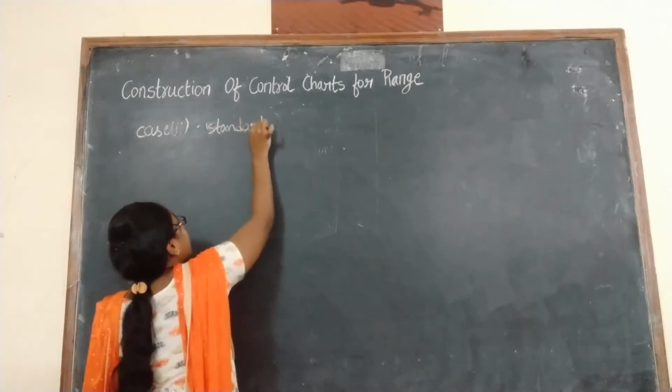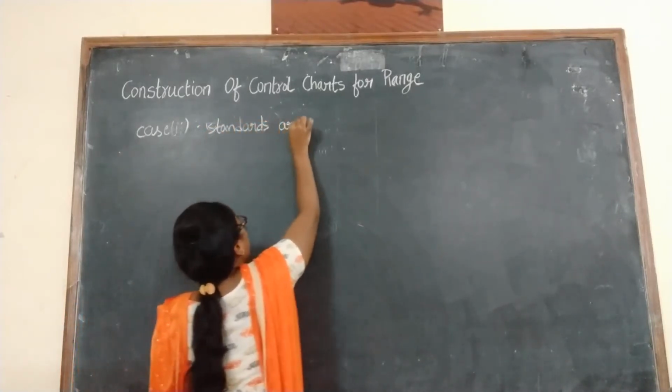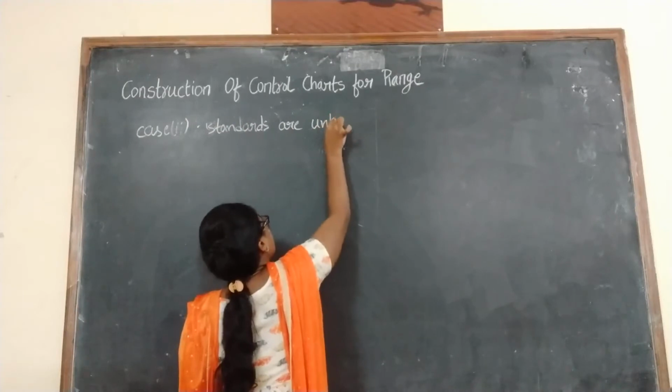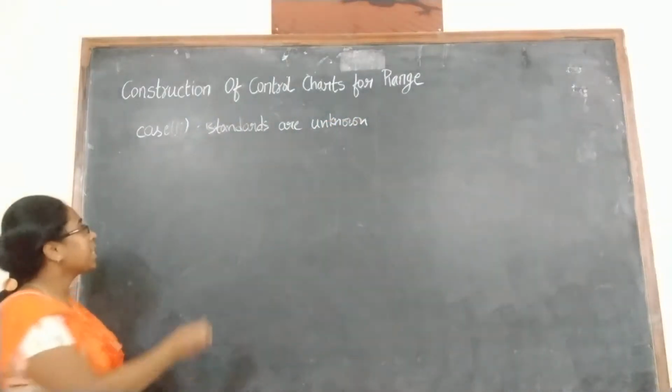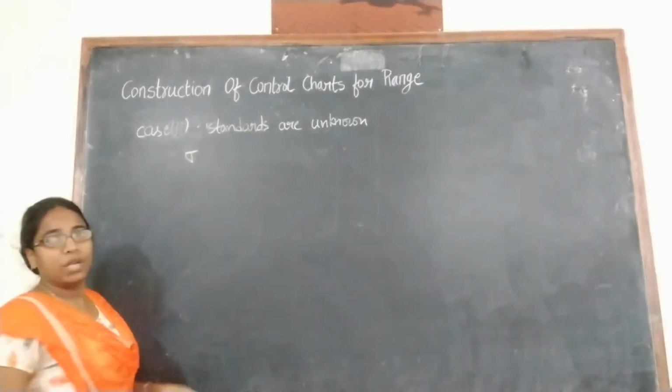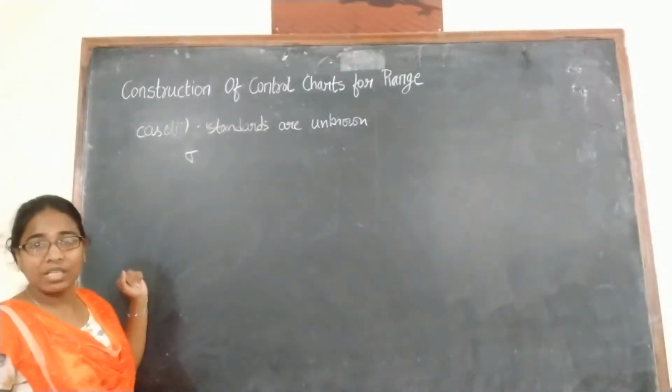Where the standards are unknown. So what are all the standards we have in this chart? Only the sigma value. So we need to estimate the sigma value.